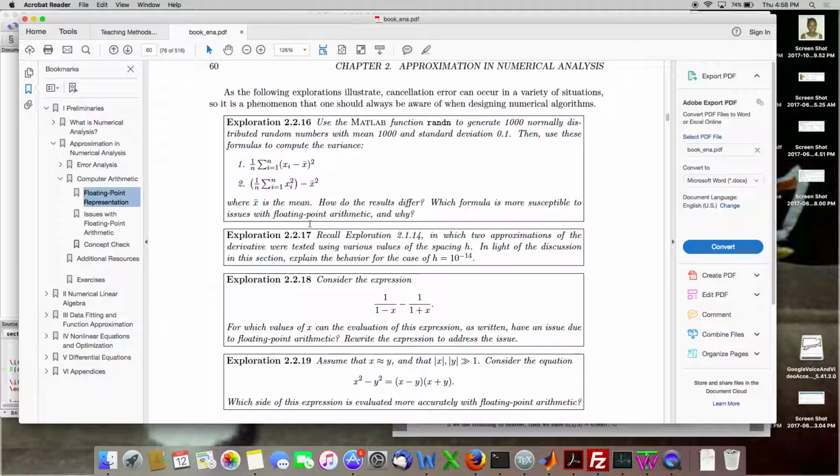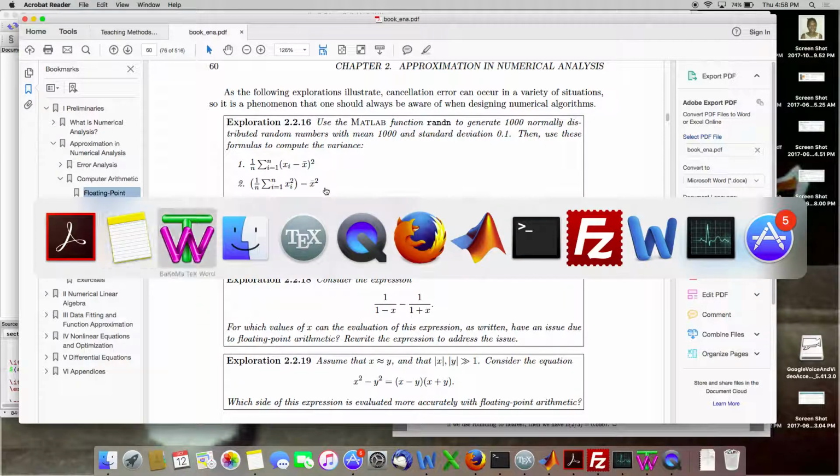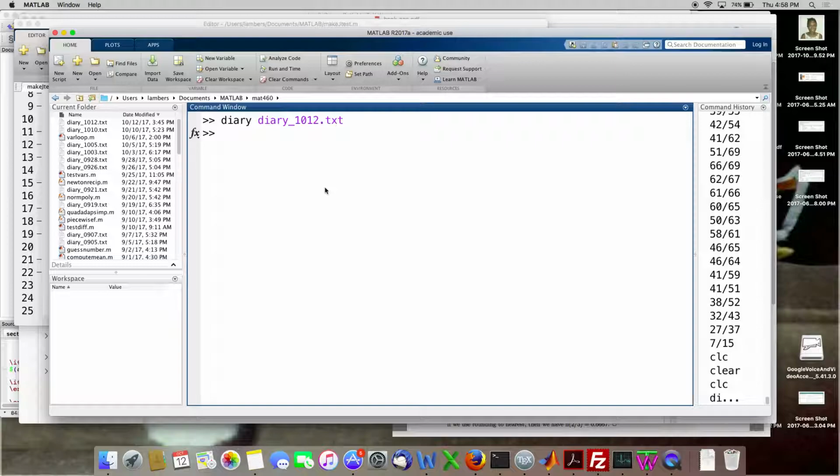Okay. For 2.2.16, here's what I'm going to do. Two formulas for variance. I'm going to show you how you can do one of them. Okay. I'll also put something in this diary.